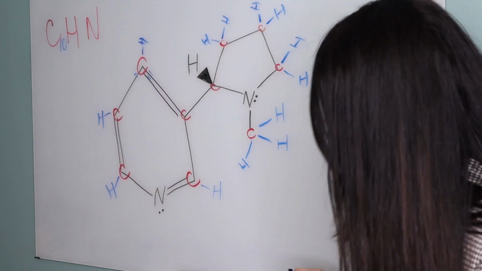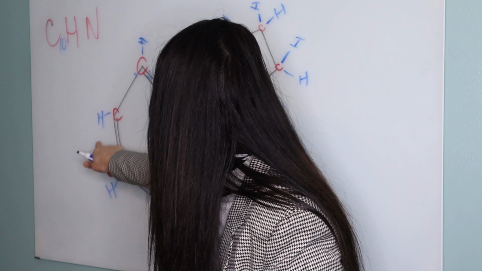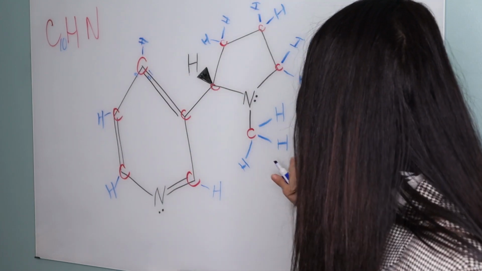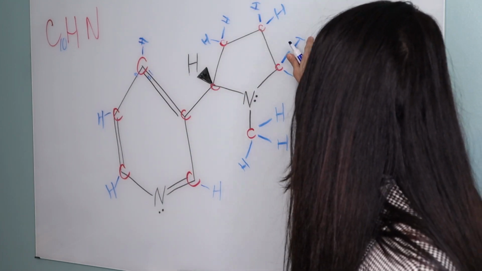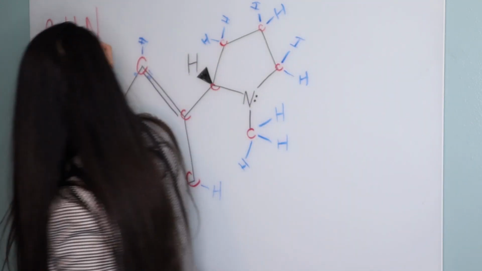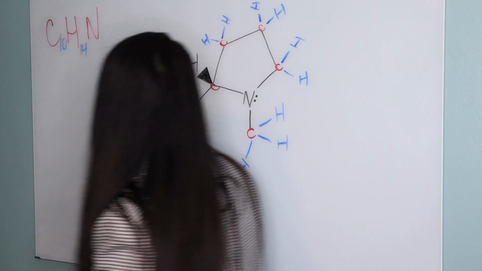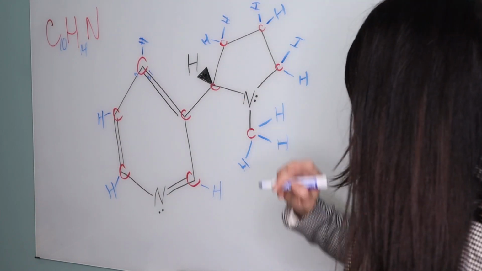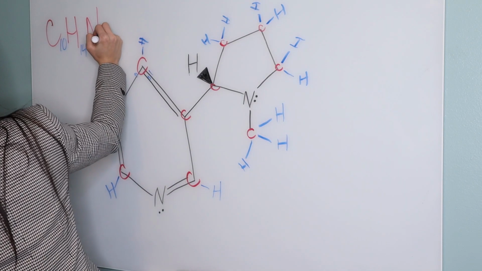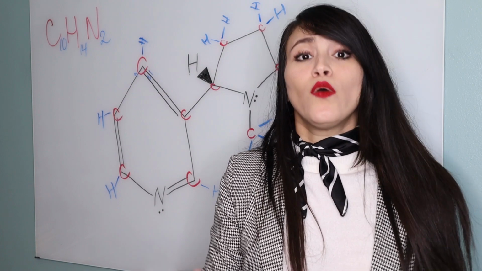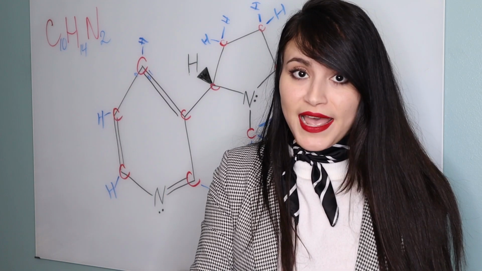For hydrogen, we have 1, 2, 3, 4, 5, 6, 7, 8, 9, 10, 11, 12, 13, and 14. For nitrogen, I have 1 and 2. And now that you've determined the chemical formula, we can go ahead and figure out the molar mass.